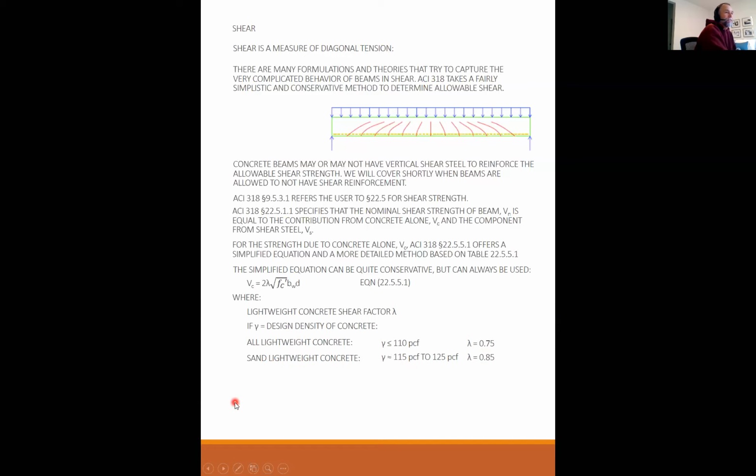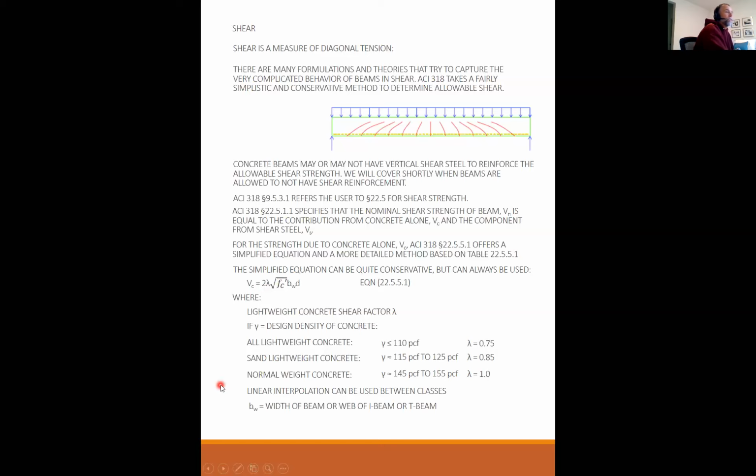If you have sand lightweight concrete, where gamma is between 115 and 125, lambda is 0.85. If you have normal weight concrete, lambda is 1.0. Linear interpolation can be used between the classes. So that's lambda. Most of the time, lambda is going to be 1, but there are situations where you use lightweight concrete that makes it less.